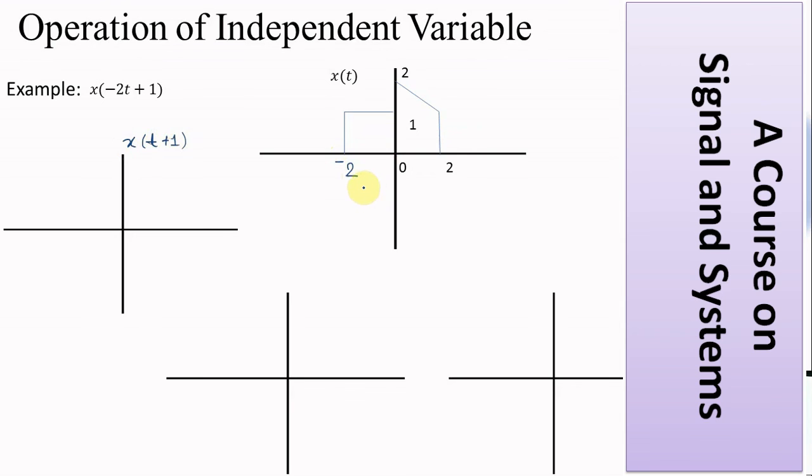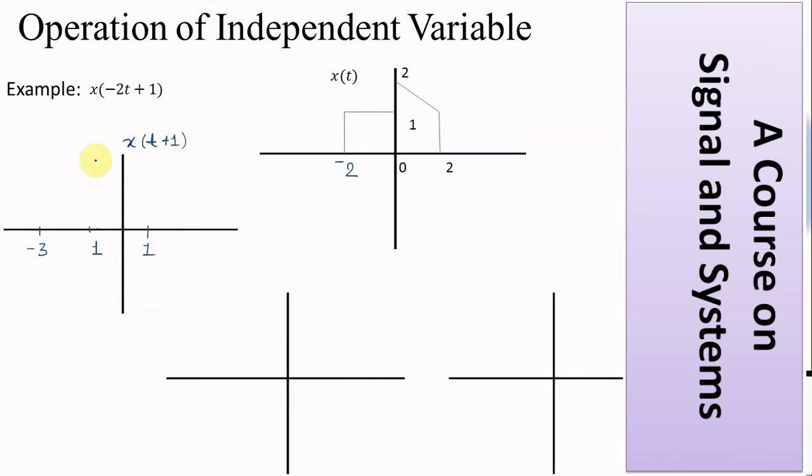So for this signal, x of t plus 1 means what? All the points will shift towards the left by 1. So the 2 point will come at 1. The -2 point will come at -3. The 0 point, which is the center point, will come at 1. Now you can clearly look at the signal.